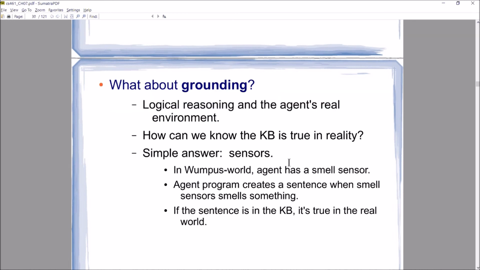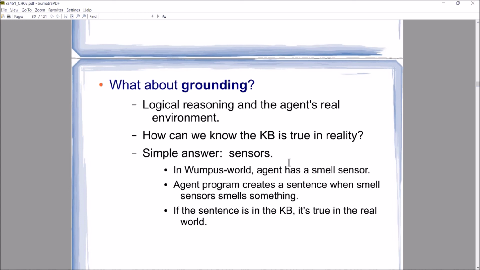So what about grounding? Okay, grounding. When we talk about grounding, we're talking about logical reasoning and how it's going to impact the agent's environment. It also has to do with how we can tell that a particular knowledge base is true in reality. There's this abstraction that the knowledge base is representing. The wumpus is in a particular place, the breeze means something, you got glitter in a square.